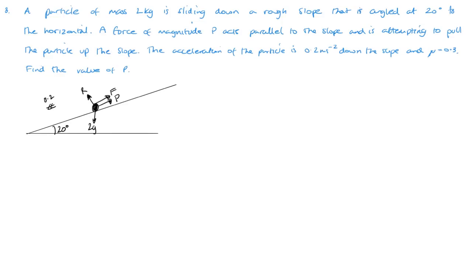So both friction and the force P are attempting to pull it up the slope, but it is moving down the slope. Now we need to resolve the 2G. So this will be 2G cos 20 and 2G sine 20.